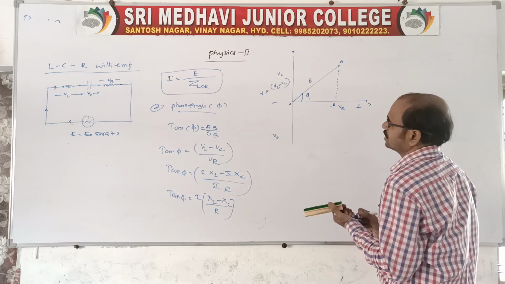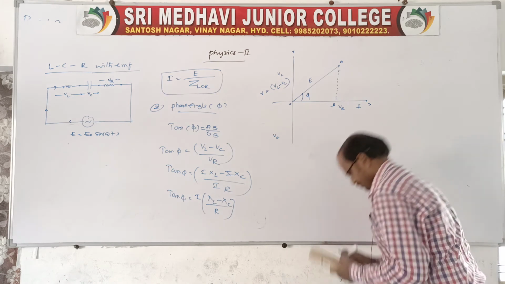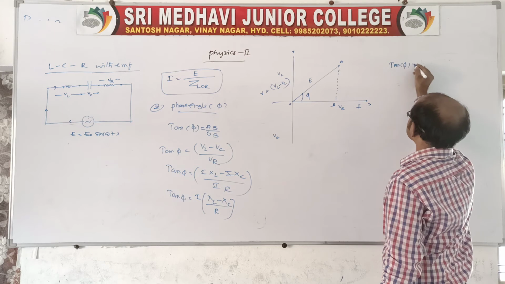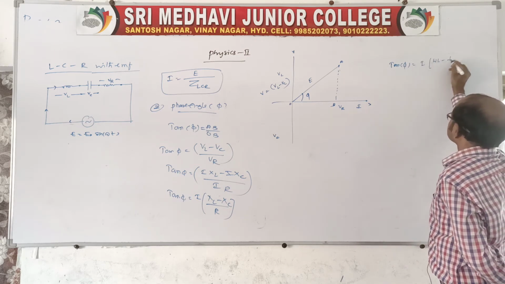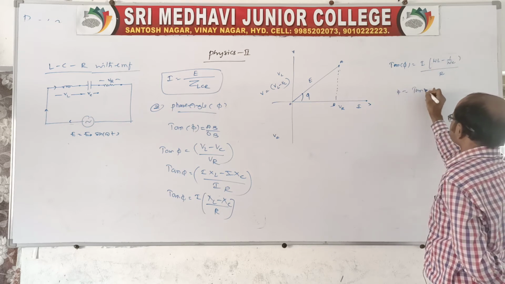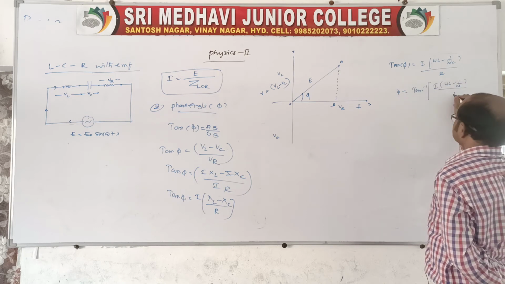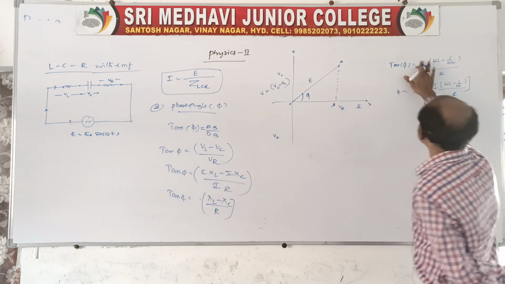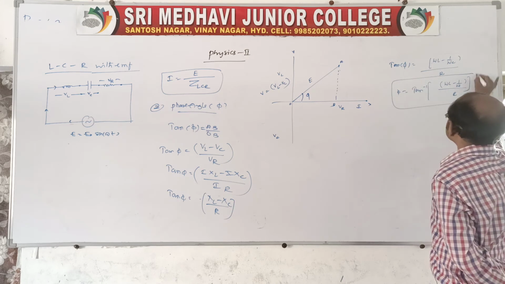See, this condition is only when VL is greater than VC. So here, tan phi is equal to I into omega L minus 1 by omega C by R. So phi is equal to tan inverse of omega L minus 1 by omega C by R. I think I is cancelled, no? Here also I is there, no? Yes, I am sorry to say, right? This is the phase angle.